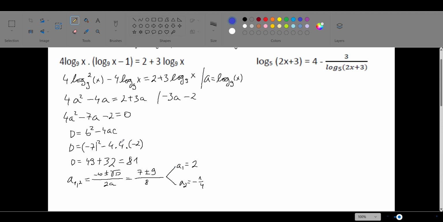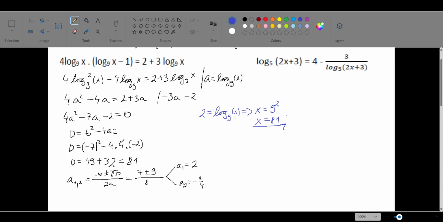So we will replace letter a, or unknown a, with positive 2, which means then 2 must be equal to log base 9 of x, which means that our solution is x being equal to 9 squared. This fact is well known, because this is the definition of the logarithm. So our first root is equal to 81.